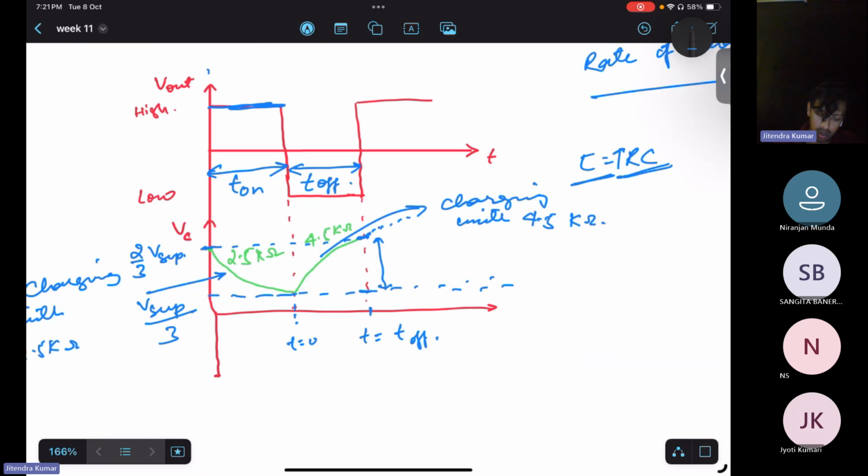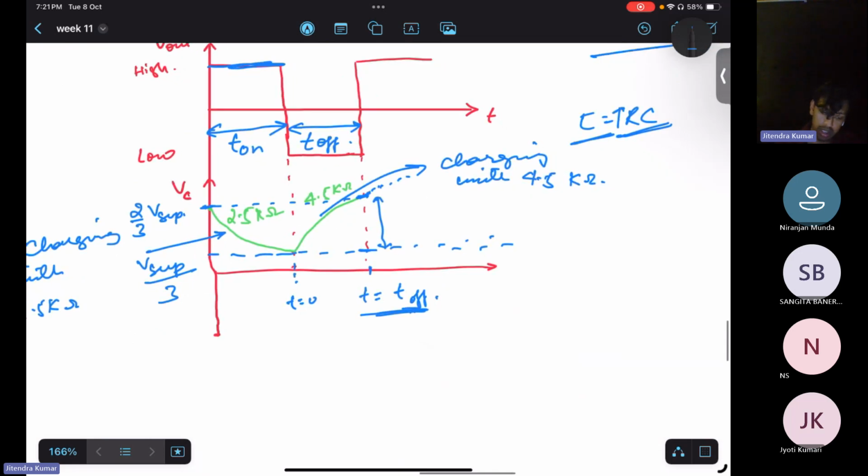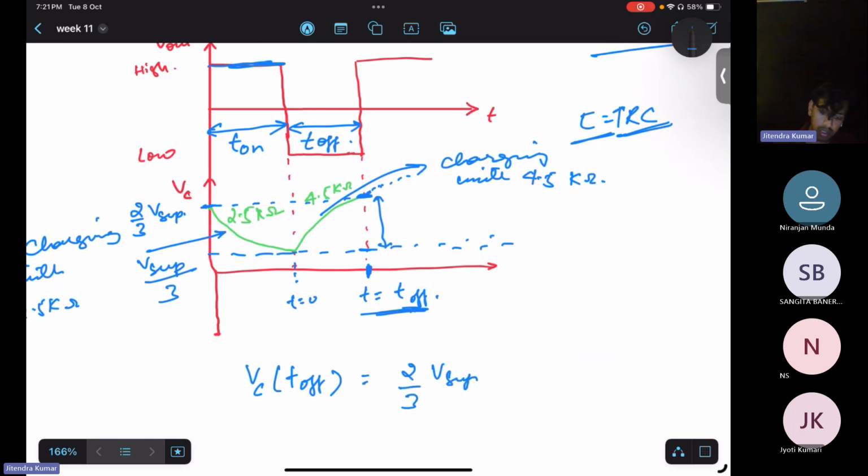If we are able to calculate the magnitude of voltage at T off, we will be able to calculate the time. So VC at T off, at this particular instant, is how much? 2 by 3 of V supply, isn't it?